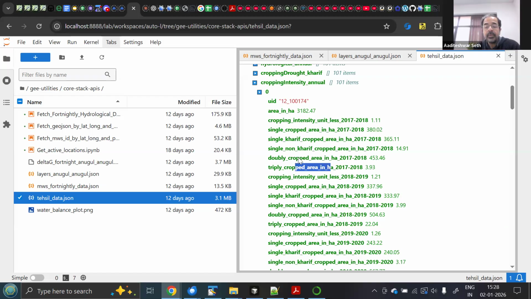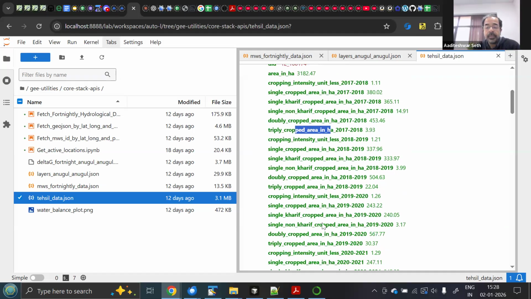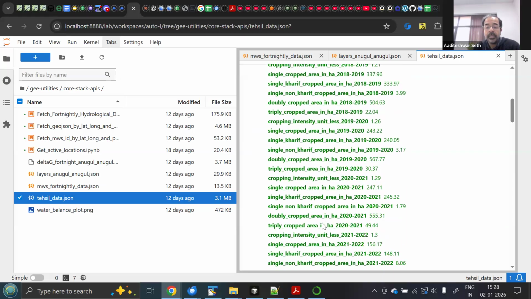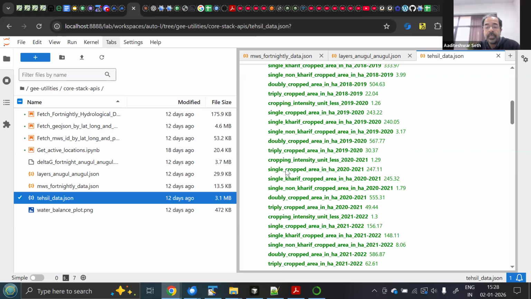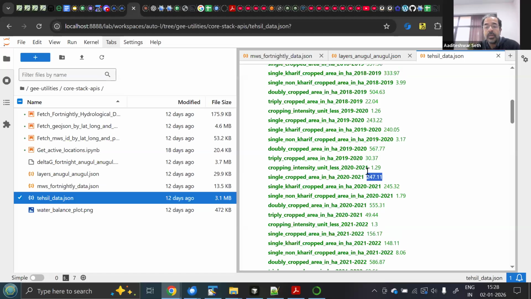Double crop meaning there were two crops in a year, triple crop meaning there were three crops in a year. But if some year was a drought year, let's say if 2020 was a drought year, then what you might notice is that the single cropped area in 2020 would be less than the single cropped area in non-drought years.